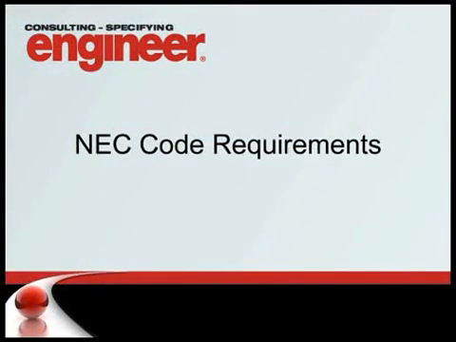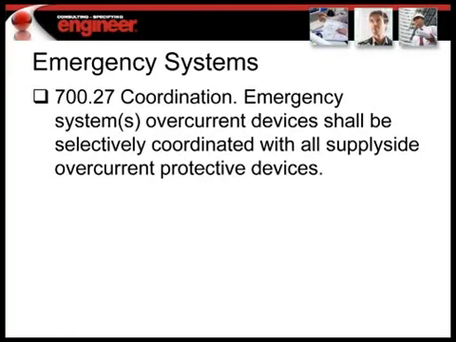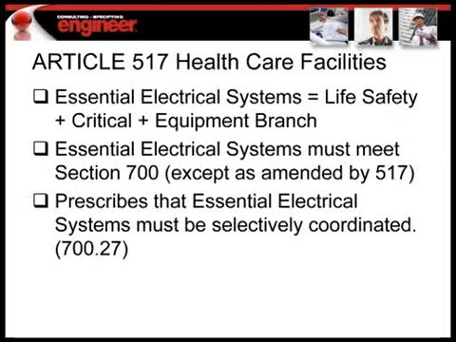And we'll cover some code sections. 700 again defines the fact that all emergency systems need to be selectively coordinated. And then Article 517 effectively links the essential power distribution system back to Article 700, where it prescribes that the emergency power distribution system must be selectively coordinated.